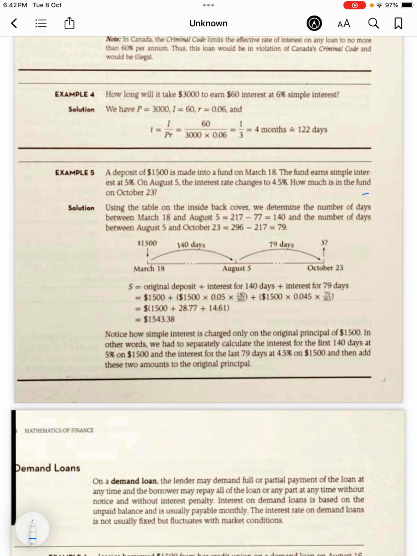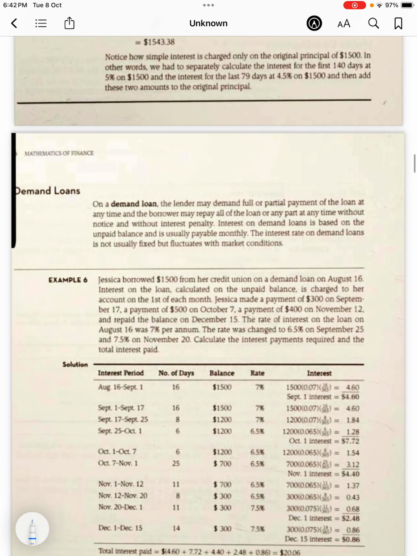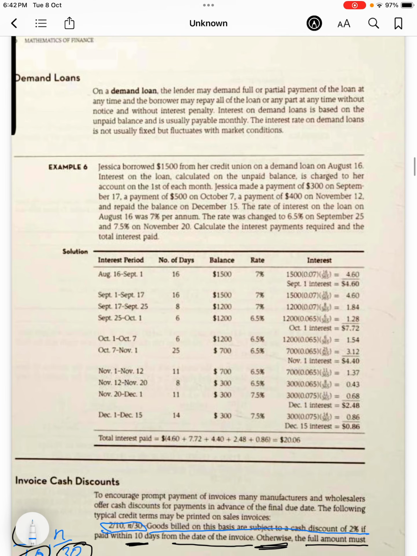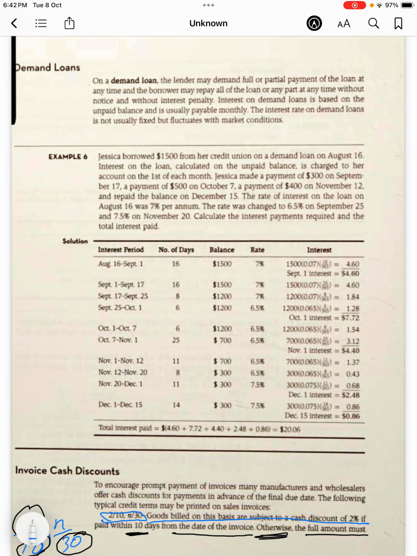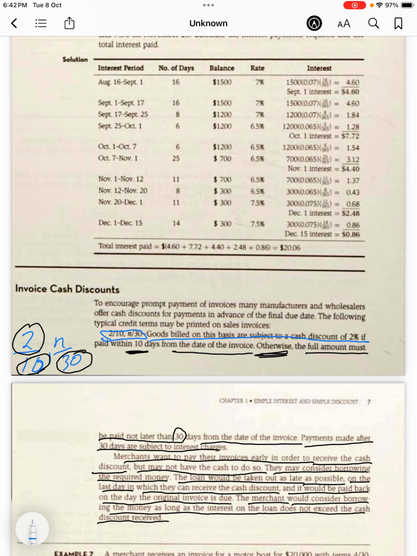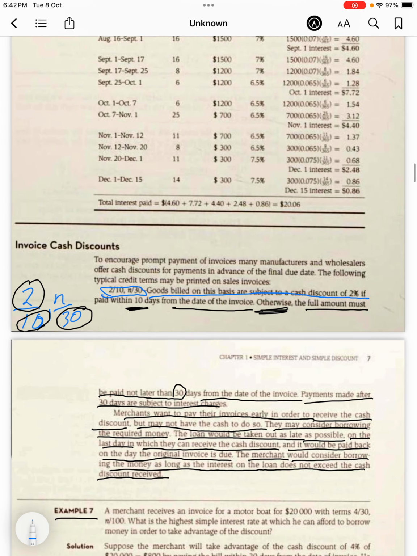Here, let's return back to examples. With respect to demand loan, I will delete it until we reach it. In next sections we will take it, but now we will discuss another material which is called invoice cash discount.